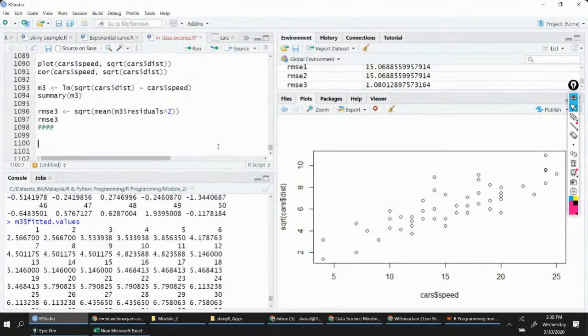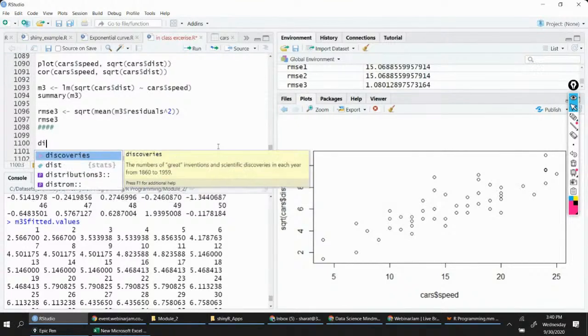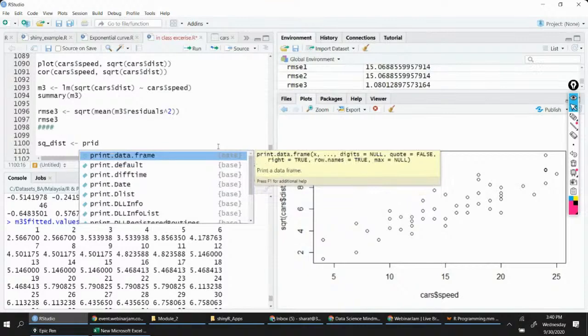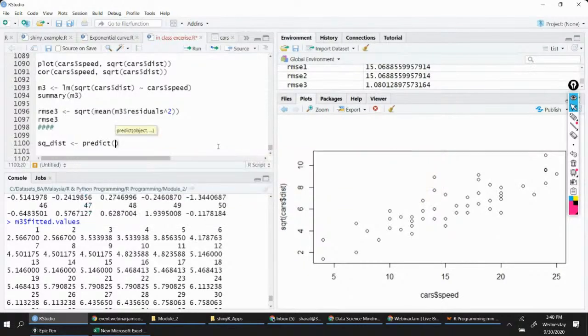So you can say square root of distance, M3, predict M3 using your data. You just say predict M3.